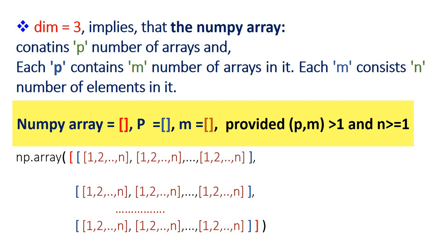For example, if you look at the example below, the entire thing will have P equal to 3. It's like 3 different frames, and each frame will have a 2-dimensional array. So it's like frames being stacked. So this is P comma M comma N. That is how you can represent this.